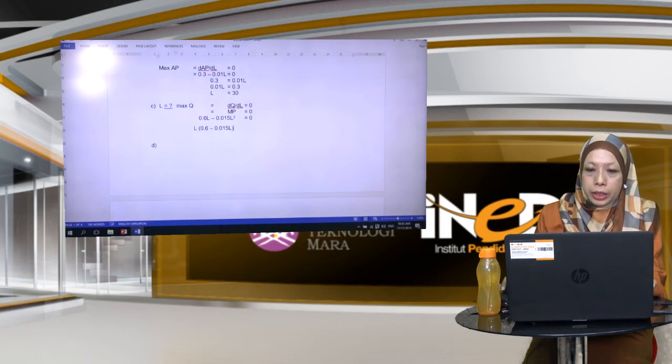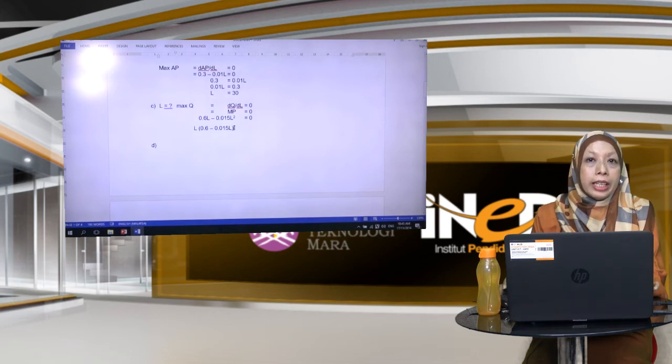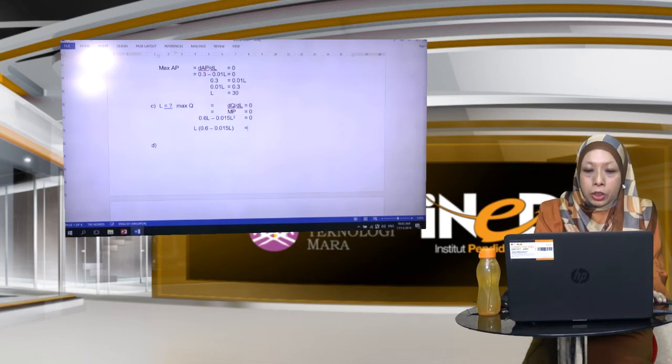When you multiply it out, for example L times 0.6, you get 0.6L, minus, and when you multiply L with 0.015L, you still get 0.015L squared. So what I did here is factorize the function so that I can solve for L. Again, this is set equal to 0.